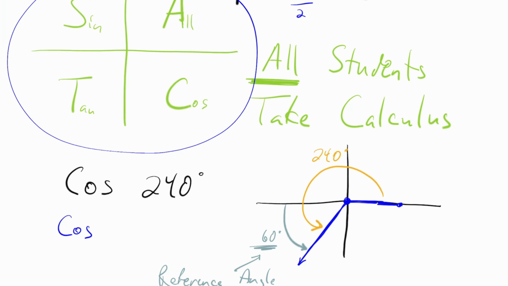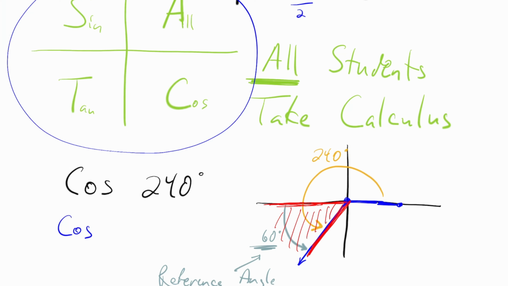Because we're interested in the angle between the finishing line and the x-axis. This angle right here. It's always the x-axis and that finishing line, which we both agreed is not 30, but how many degrees? 60. And what kind of angle is that called again? Reference angle. That's our reference angle. That's what we're looking for. So we're going to get the cosine not of 30 degrees, but of 60 degrees. Great. How do we get that?